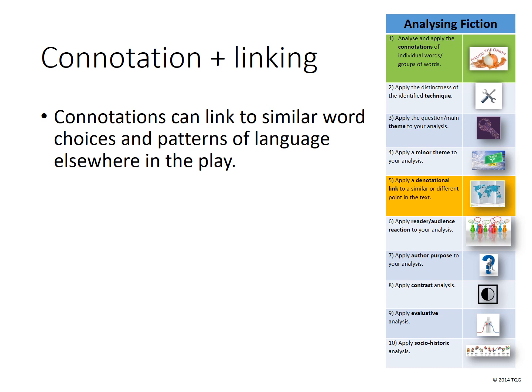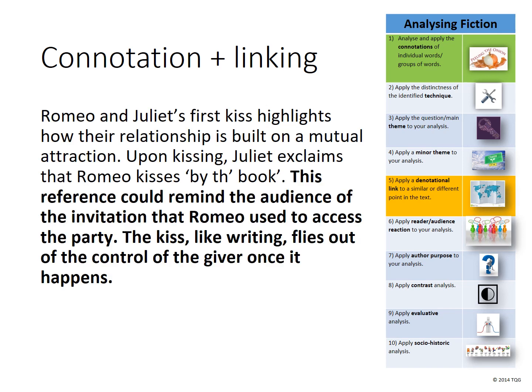If we're taking connotations and the link, we need to look at how similar word choices and patterns of language occur elsewhere in the play. To be honest, I think we would need to look at the fact that Romeo and Juliet speak in a sonnet form in order to really see how this pattern continues elsewhere in the play. The example I've given here is that this reference could remind the audience of the invitation that Romeo used to access the party.